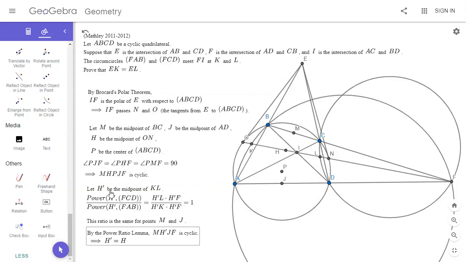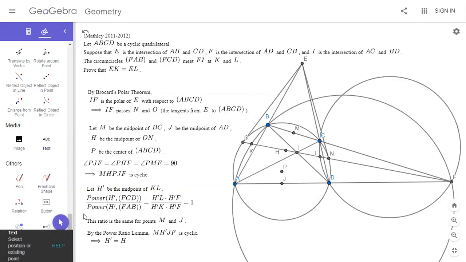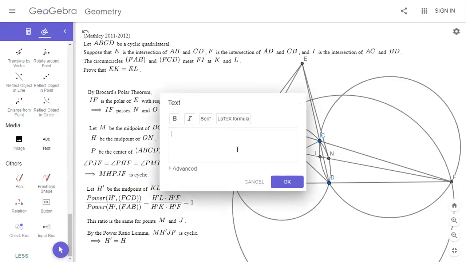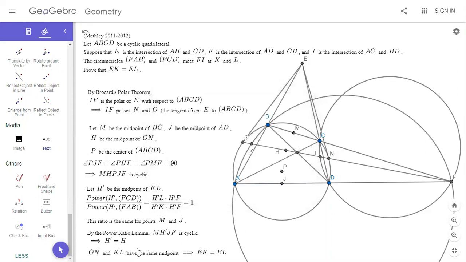So if ON and KL have the same midpoint, then EK equals EL. All right, makes sense?